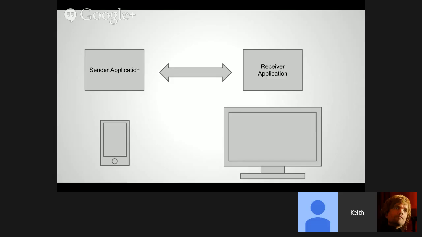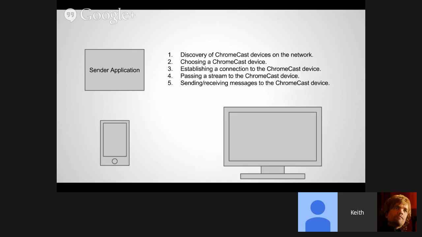But mainly, I'll be showing you an Android application, but I think for iOS it's probably very similar. And then on the Chromecast device, you run a receiver application. This is an actual application that's loaded from the web into the device and is your media player for that TV device.